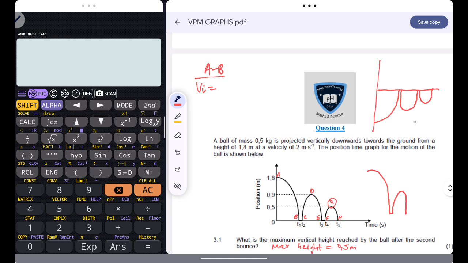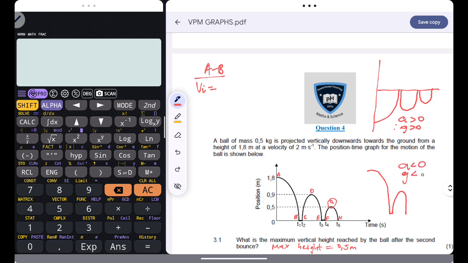If your graph is drawn like this, for those who are doing mathematics, we say that the quadratic function has a smiling face. That simply means a is positive. In this case, g is positive if and only if downward is positive. But in this case, the graph is a sad face.